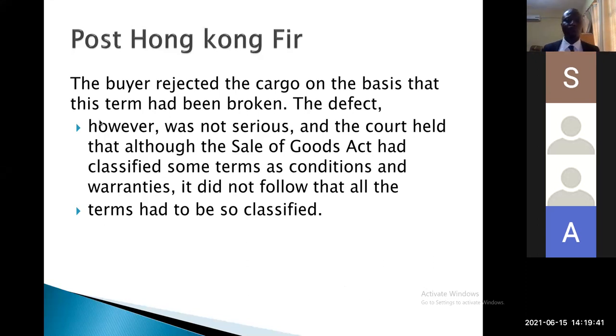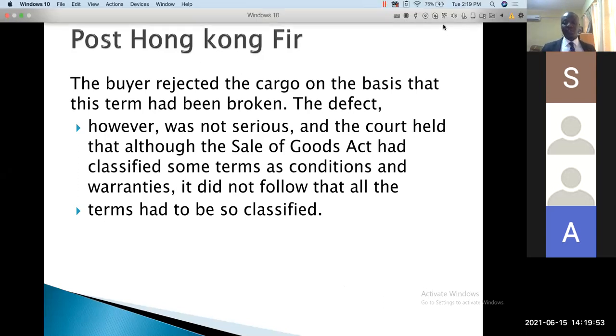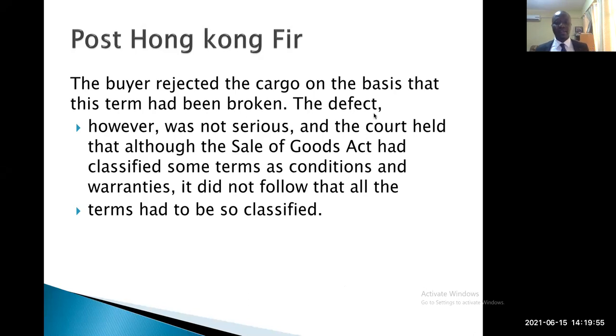Yeah, so the defects which the buyer was relying upon were not serious in the assessment of the court. It was not serious, and for that matter, the court held that although the English Sale of Goods Act had classified some terms as conditions and warranties, it did not follow that all the terms had to be so classified.